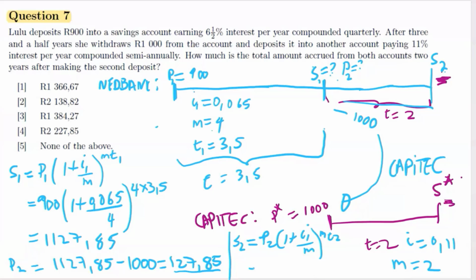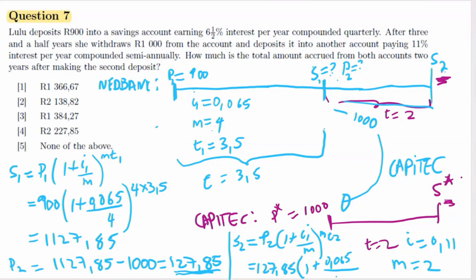Now your P2, that's the new amount you are left with, which is 127.85, into 1 plus the interest. There's nowhere they are saying the interest has changed at Nedbank, so we assume the interest rate is still the same, 0.065, and nothing is said about changing the compounding period at Nedbank.